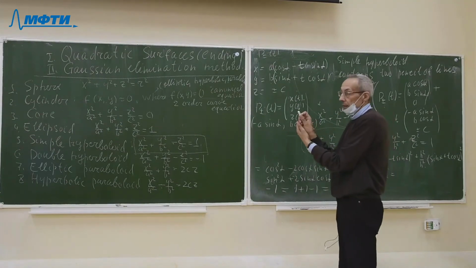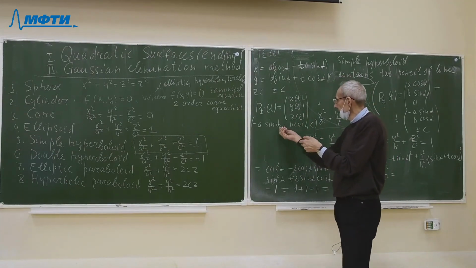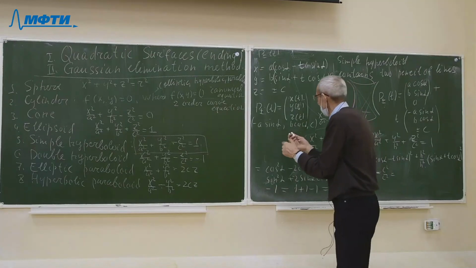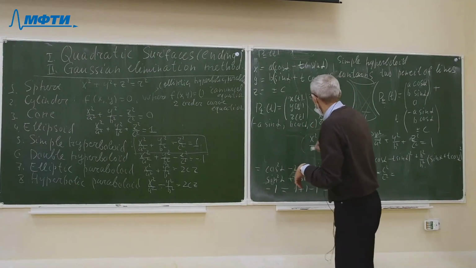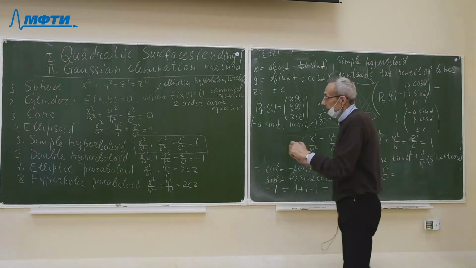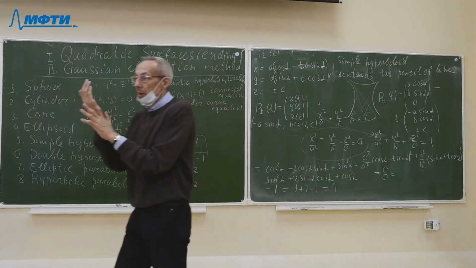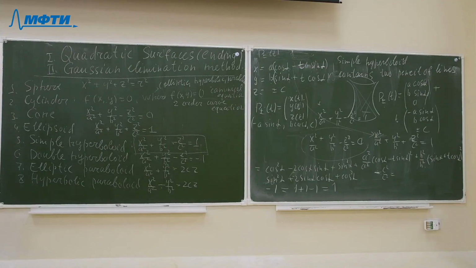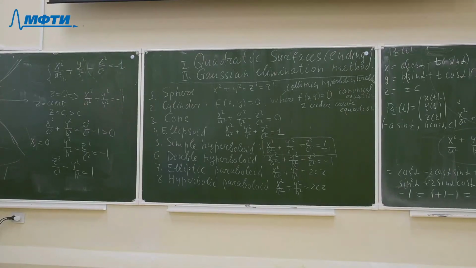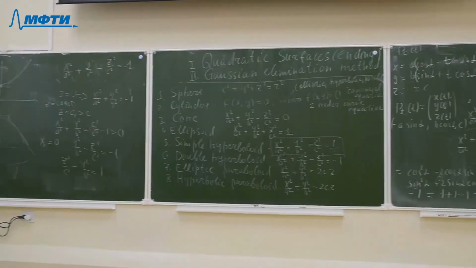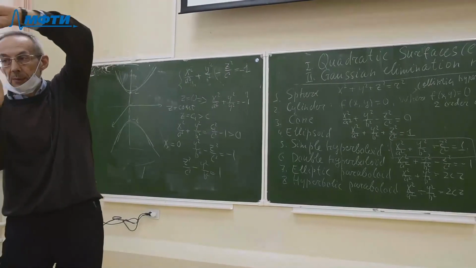This vector rotates in space, and the angle of rotation is alpha. The second coordinate is fixed. And we obtain a family of straight lines which rotate and move in space.